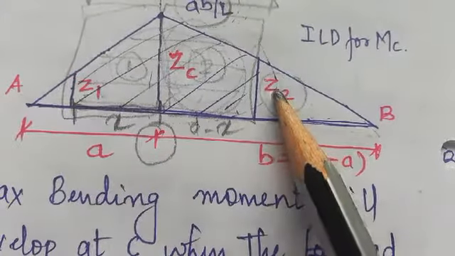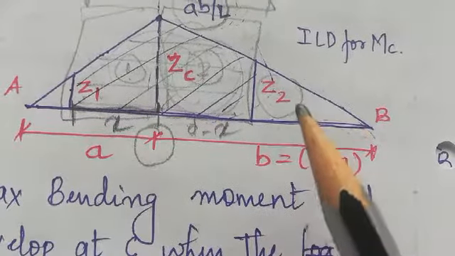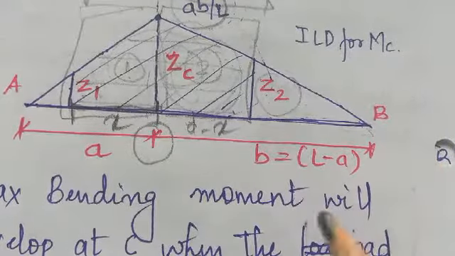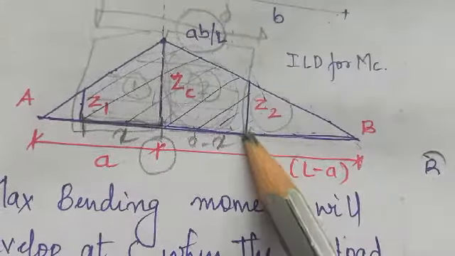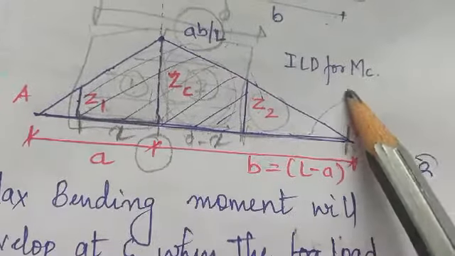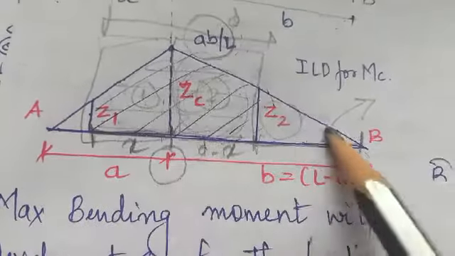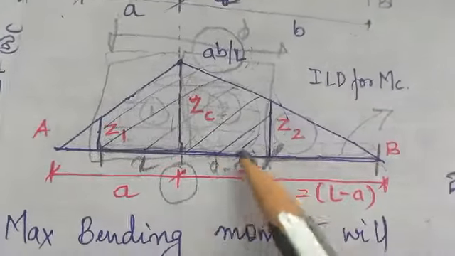Similarly for Z2 it will be ZC divided by L minus A is equal to Z2 divided by L minus A minus D minus X. That is, this distance, from here to here, is L minus A. From this L minus A I have to subtract this distance.